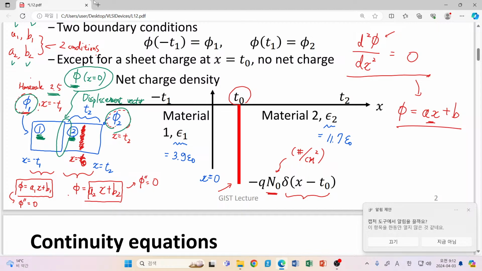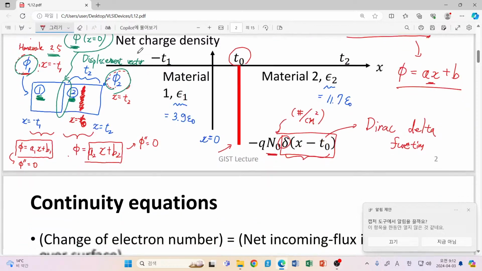However, in this case, this delta is not an infinitesimally small length scale, but a function called the Dirac delta function. This Dirac delta function has a certain property.